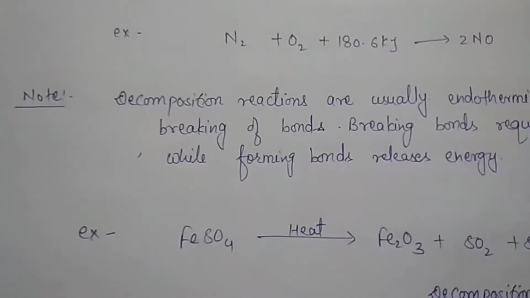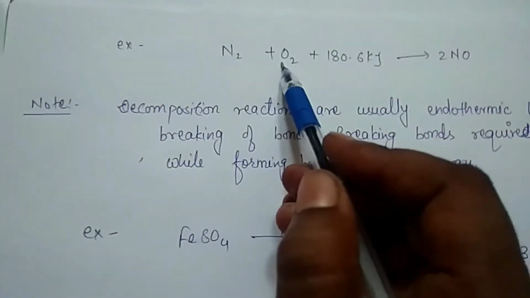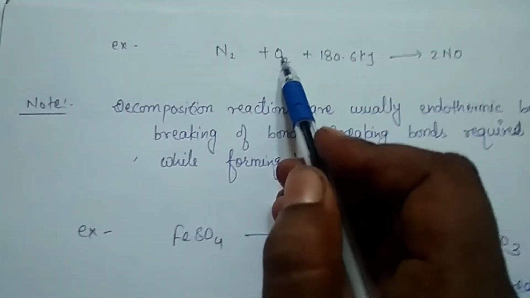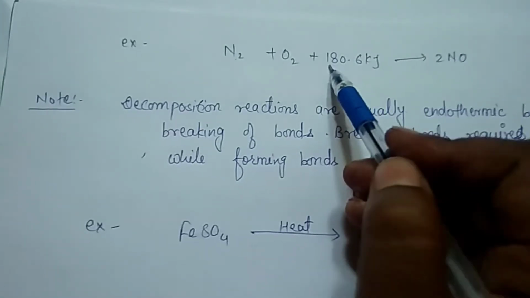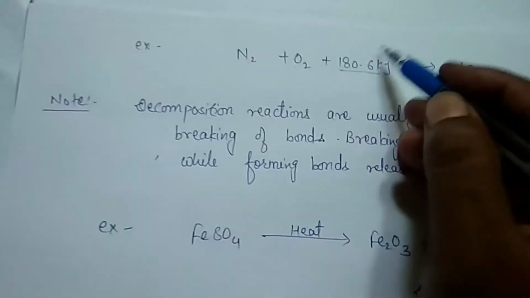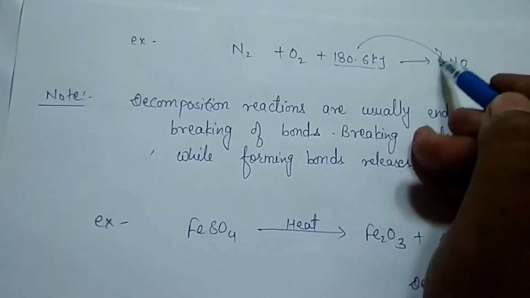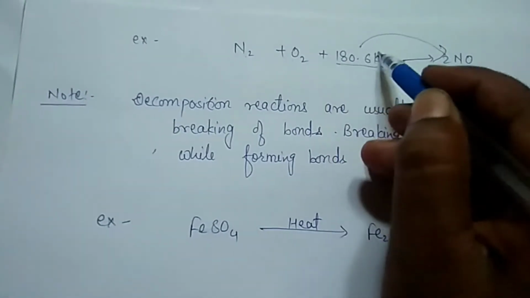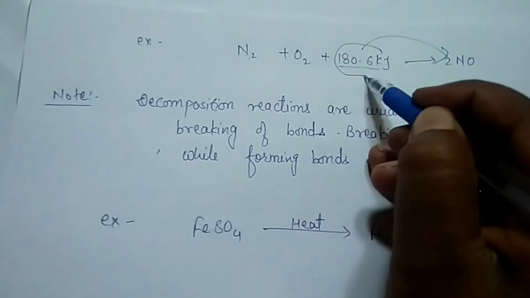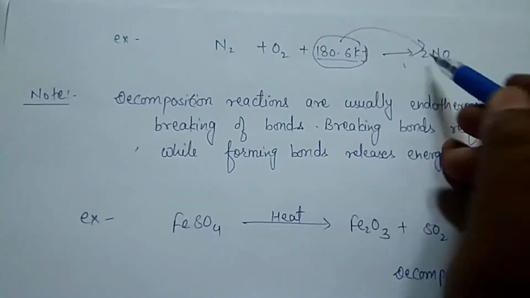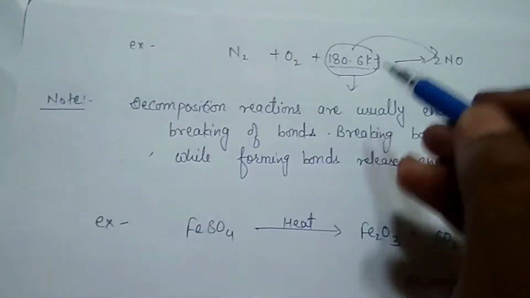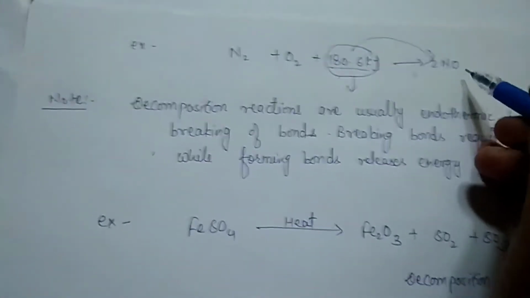For example, when nitrogen gas is combined with oxygen gas, it does not form product unless it absorbs heat energy. After that it will produce the product. So there is absorbing of heat energy before making the product. Those reactions in which heat is absorbed will be endothermic reactions.